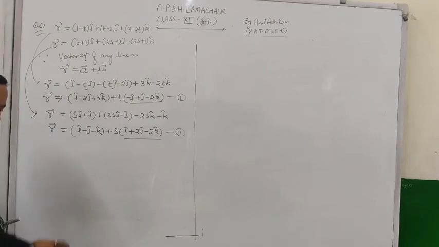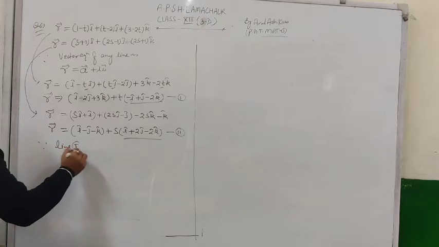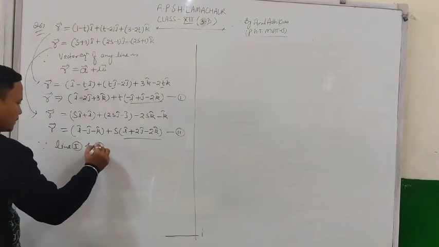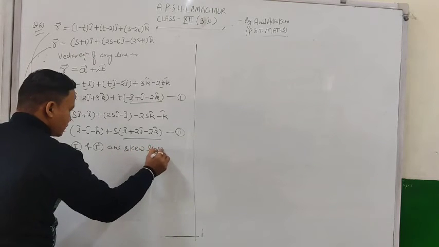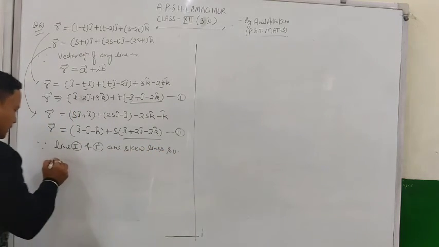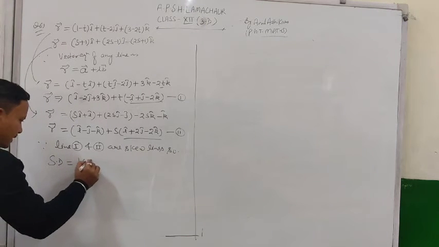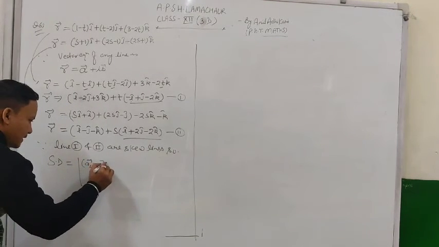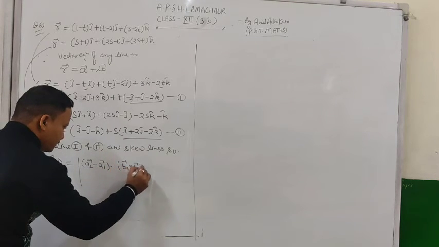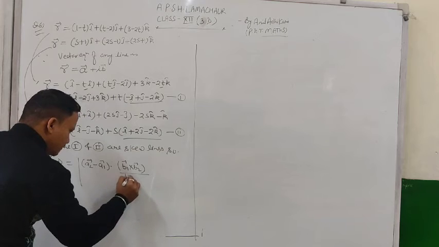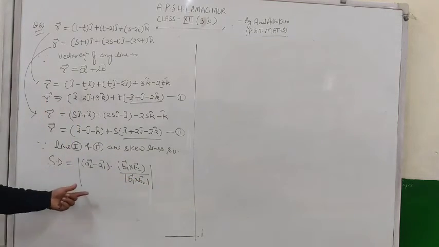तो हम यहाँ पे एक लाइन लिखेंगे, since lines first and second are skew lines, so the shortest distance between them is magnitude of (a2 minus a1) dot (b1 cross b2) upon the magnitude of b1 cross b2.